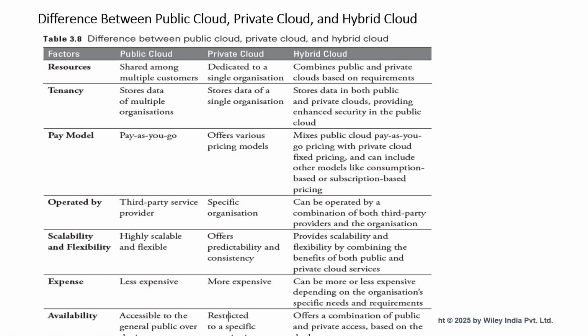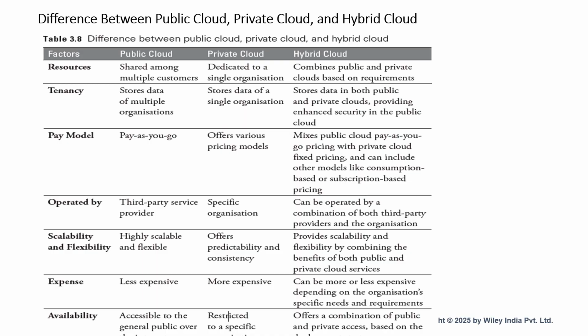And when we talk about hybrid cloud, it offers a combination of public and private access. Public cloud is more scalable as compared to private and hybrid cloud. Public cloud is operated by a third party service, private cloud specifically by the organization, but a hybrid cloud can be operated by a combination of a third party as well as the organization.